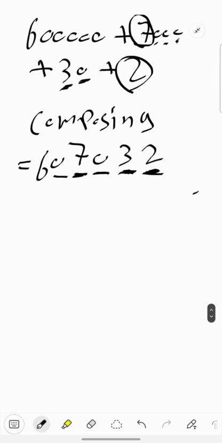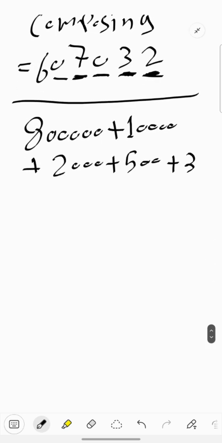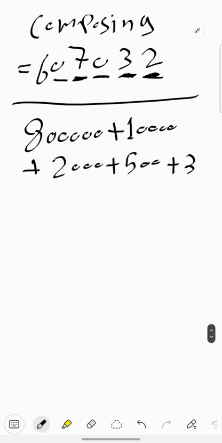One more. Again, the greatest number which has greatest zeros, which is 8. 1 2 3 4, 1 2 3 4 5. So 1 2 3 4 5.